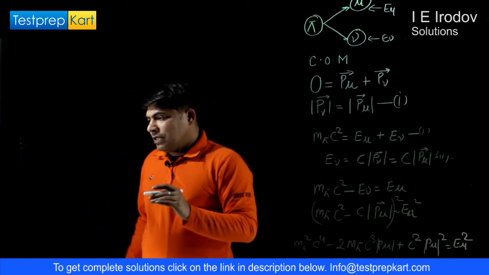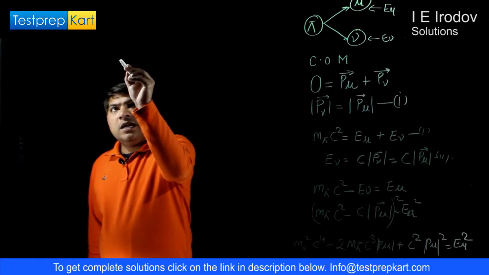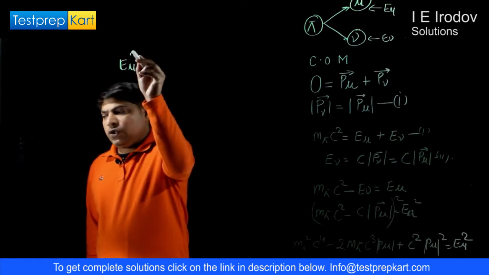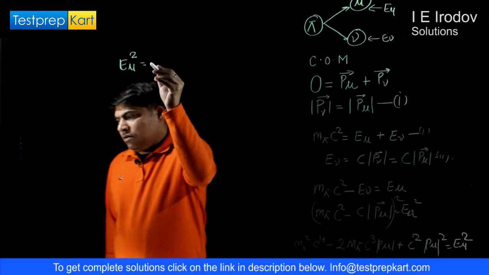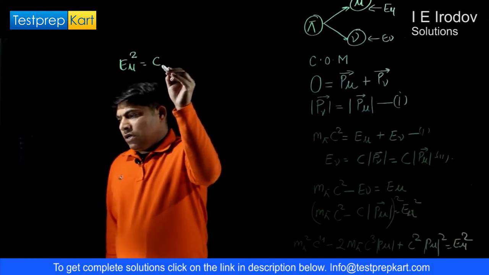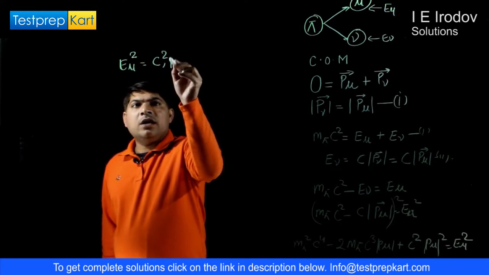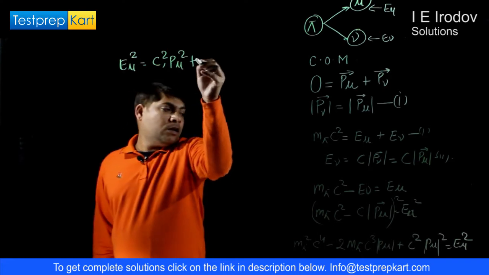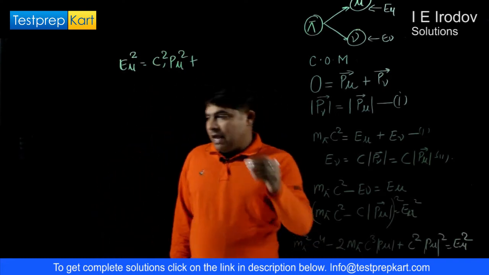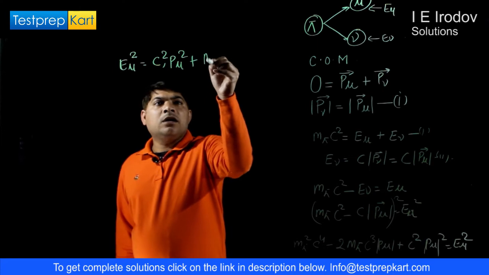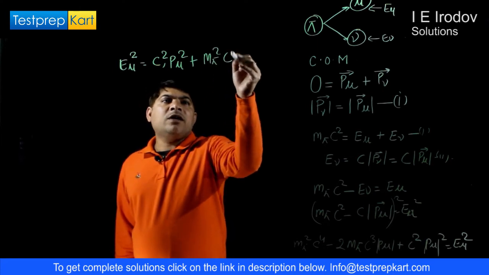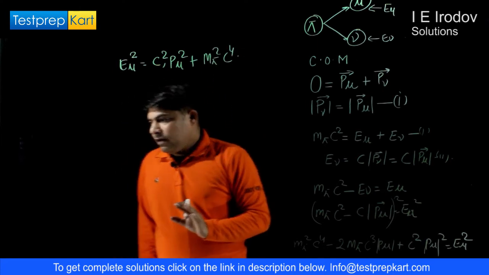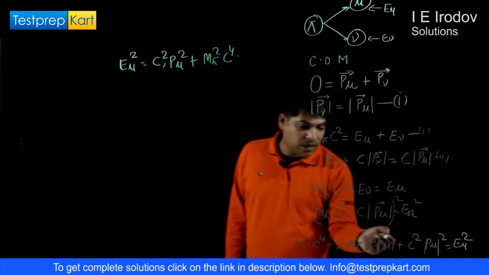So from this expression we can write that E mu square is equal to c square into P mu square plus m pi square into c to power 4, and definitely we can ignore this term.